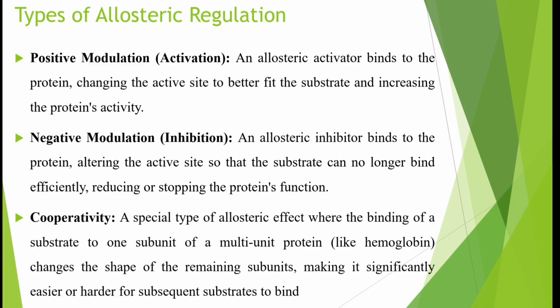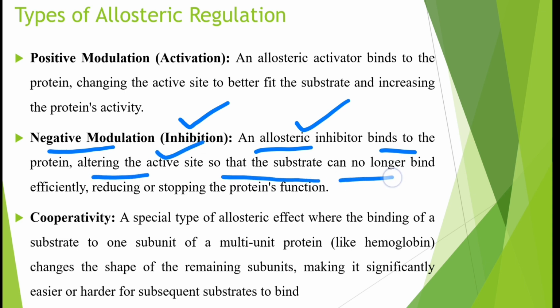In the other case, negative modulation or allosteric inhibition, the allosteric inhibitor binds to the enzyme, altering the active site so that substrate can no longer bind efficiently, ultimately reducing or stopping the enzymatic function.